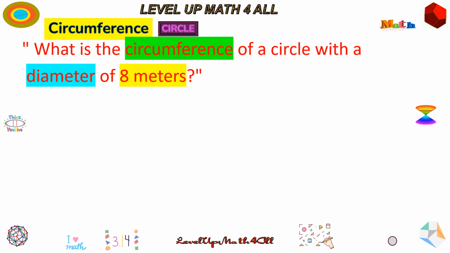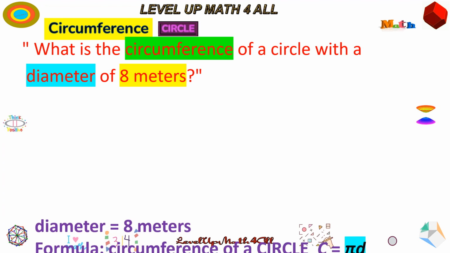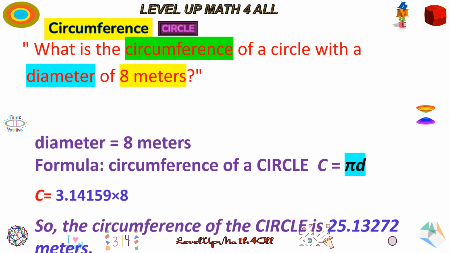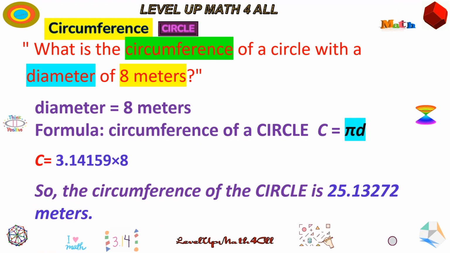Let's revisit the mathematical problem we tried to solve and see how we applied all the values and formulas. So the request is finding the circumference of a circle where the diameter is 8 meters. The given circle diameter is 8 meters, and the formula to find the circumference is C equals pi d.